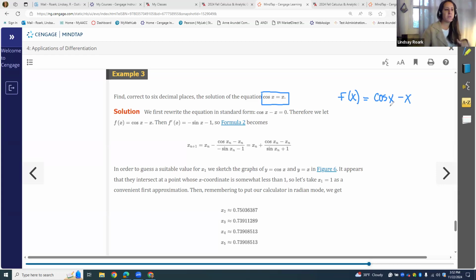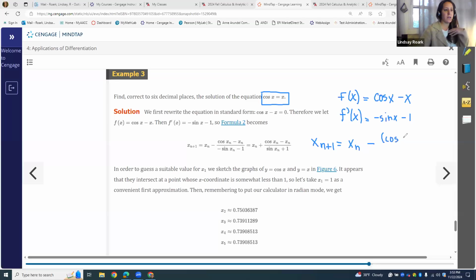And then the only other thing we need for Newton's method is the derivative, which is really the great thing about it. So the derivative of cosine x minus x is negative sine x minus 1. Each time we want to use Newton's method, we follow this pattern, which says that to get the next one, you start with the one you're on, and then it's minus the original function divided by the derivative.